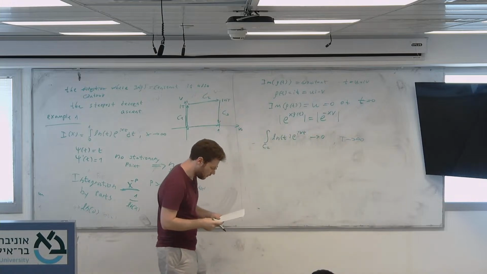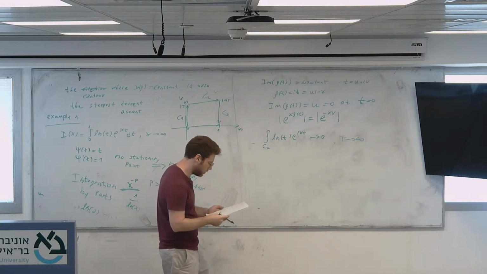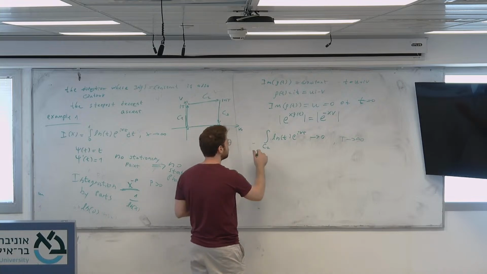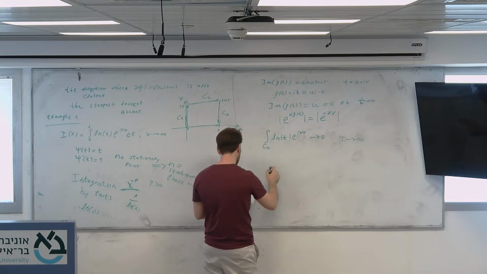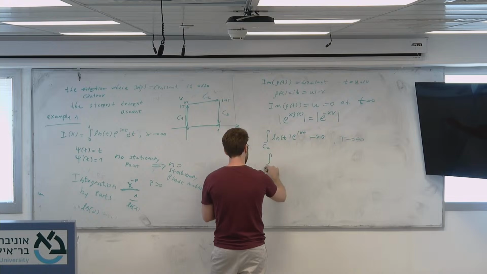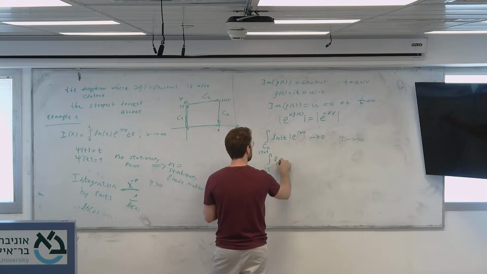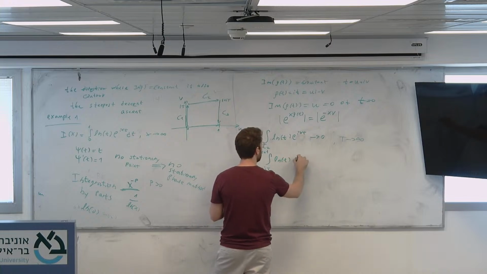And this is true because you can show, so you have it plus 1, ln t, e to the ixt.